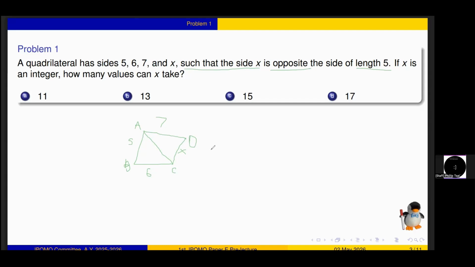Basically, in other words, how can we restrict x using the triangle inequality?